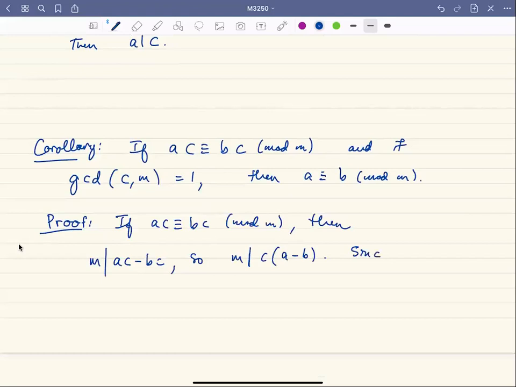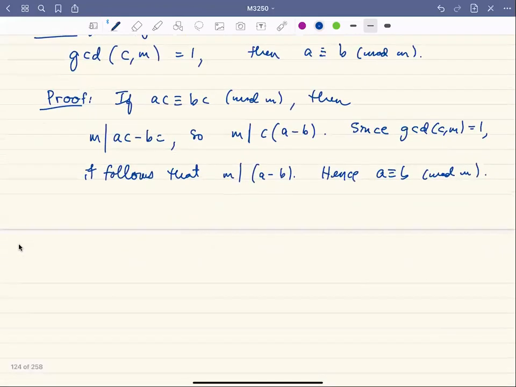Since c and m are relatively prime, then from the previous proposition, it follows that m has to divide a minus b. And therefore, a is congruent to b mod m.